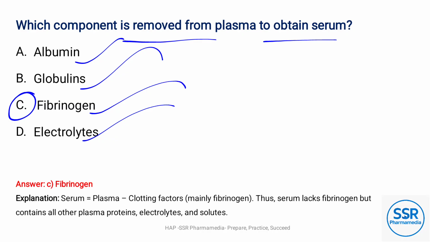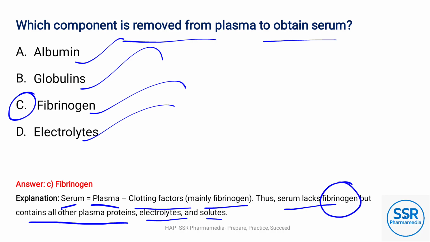When fibrinogen, a clotting factor, is removed from plasma, it is called serum. Thus, serum lacks fibrinogen, but it contains all other plasma proteins, electrolytes and other solutes. Except for fibrinogen, the rest is present the same as in plasma.